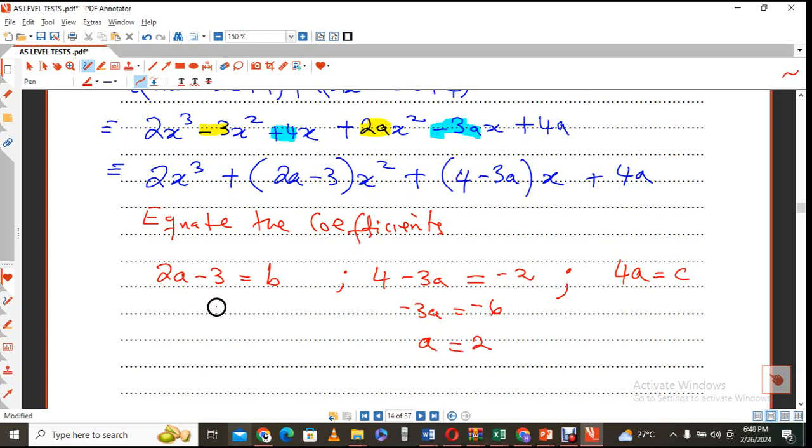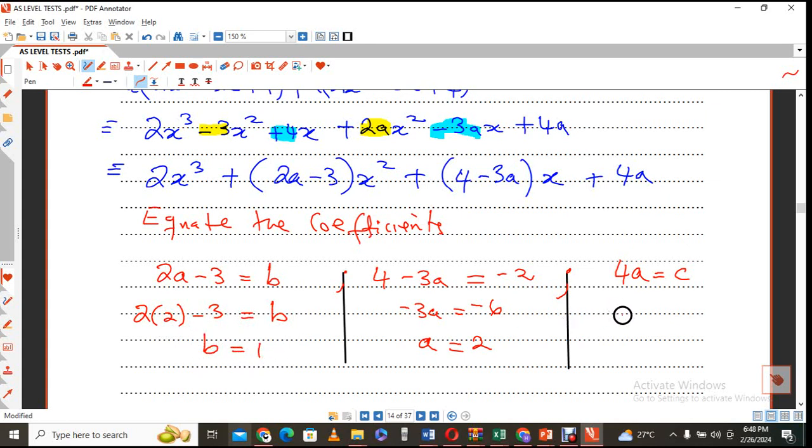So if that is the case, I can come back here. It's much easier. If a is equal to 2, that's 2 times 2 minus 3 equals b, that's 4 minus 3, so b is equal to 1. Then what do we know?